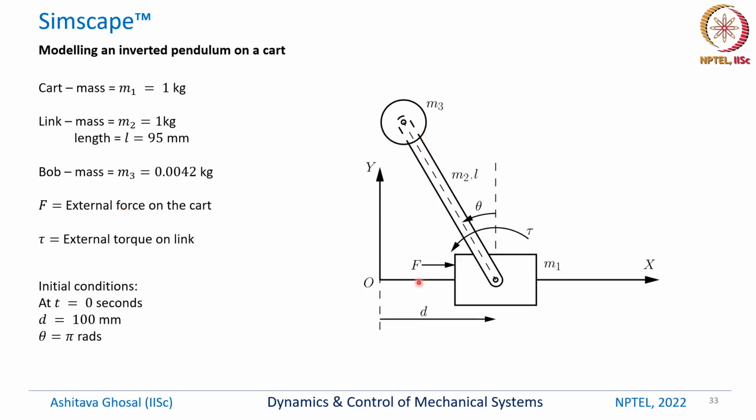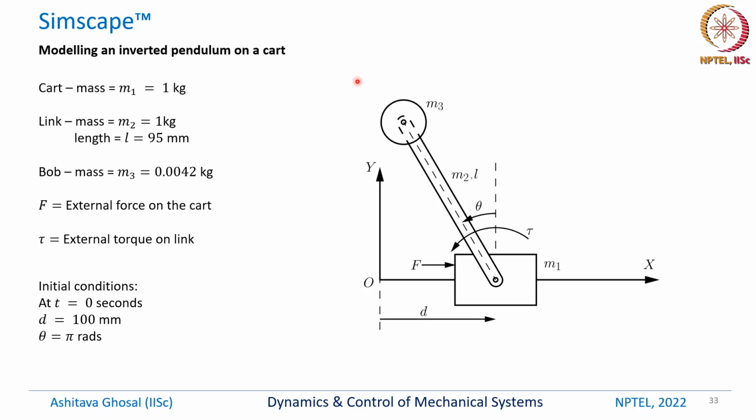So what happens is when you move this body, you need to apply some force, and you can also apply a torque. So instead of a 2R chain, we have what is called a PR chain. So the first joint or the first body is sliding and the second body is rotating. So I want to see the motion of this pendulum on a cart.